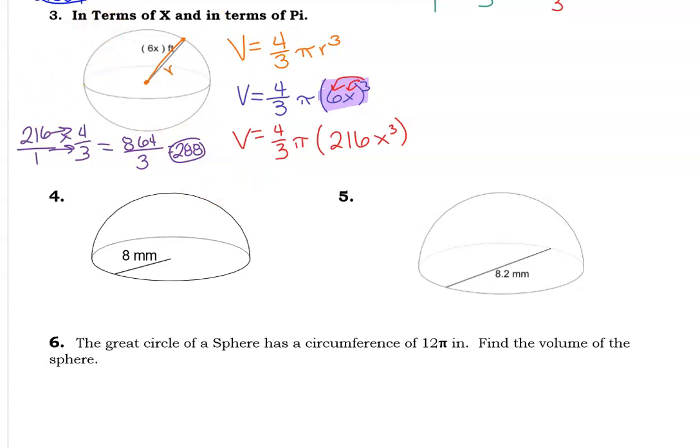So that was when I just multiplied the 4/3 and the 216. I got 288. So my volume is equal to 288, which was what I got when I multiplied those together. I'm going to put the x cubed next, so that's going to go here. And then the pi just goes on the end. So my full volume equation for this one would be volume is equal to 288 x cubed pi.